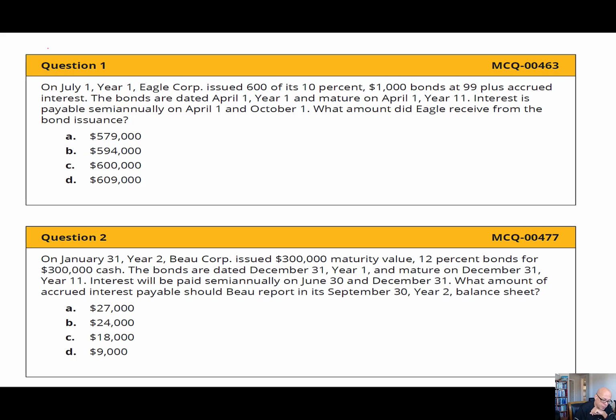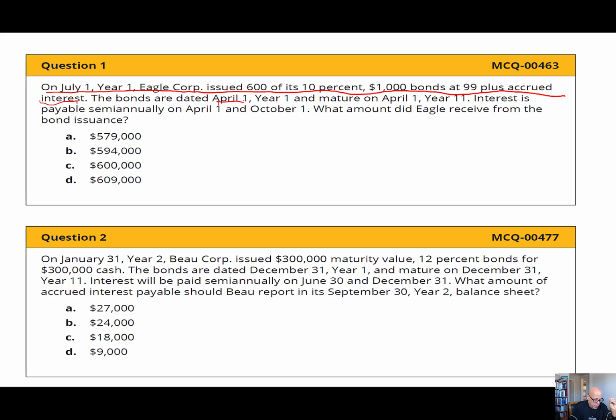Okay, so what happens? They tell us that on January 1st, year one, Eagle Corp issued 600 of its 10% $1,000 bonds at 99 plus accrued interest. The bonds are dated April 1st. Now you stop right there and say, well, wait a minute.